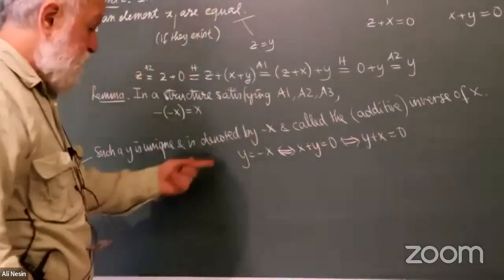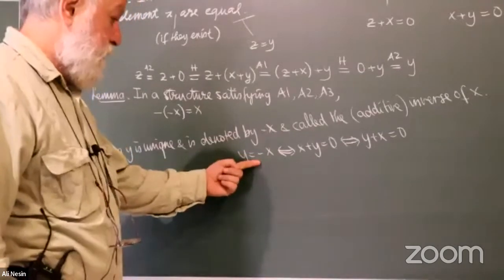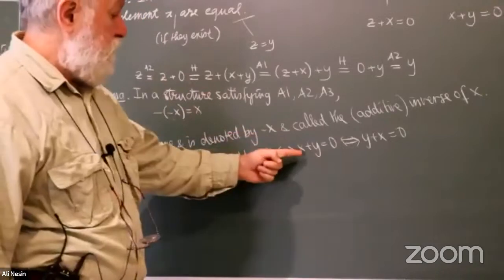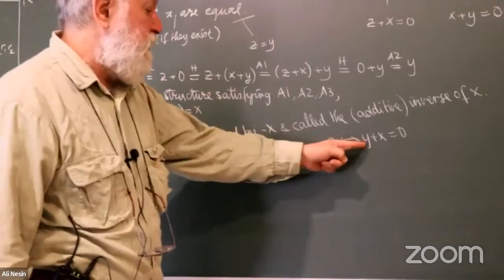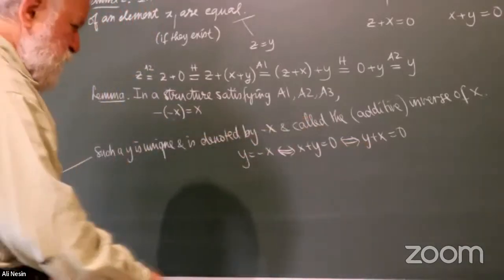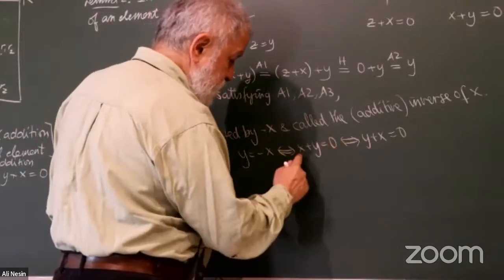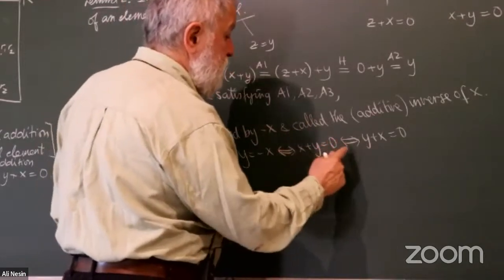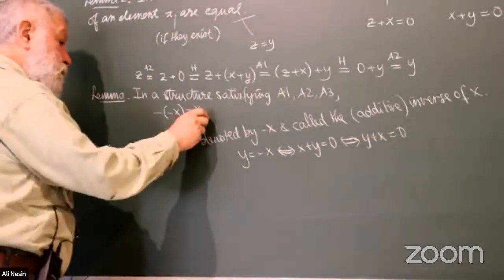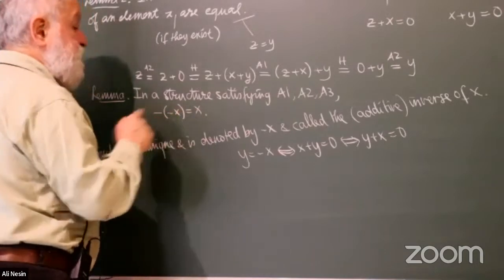Because this means that minus X is the inverse of X, and so Y is the inverse, left and right, both, doesn't matter. So Y is the right inverse, Y is the left inverse of X, and Y is minus X. They're all the same thing. In other words, you can take X to the other side, you change the sign, of course. So the inverse of the inverse of X is X itself.